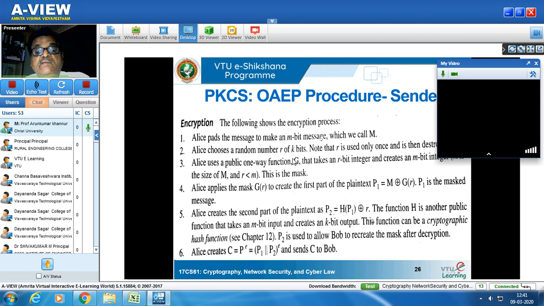This function can be a cryptographic hash function. Later, at some part of the course, we'll be discussing that.